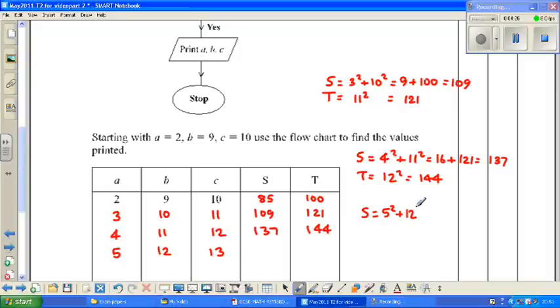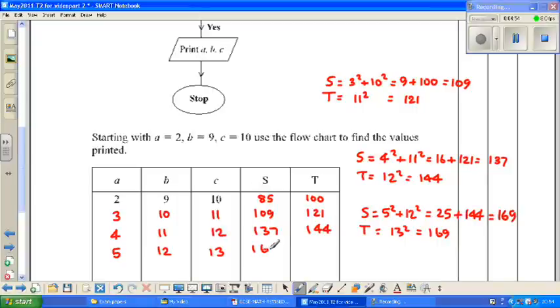Let's see what that works out to be. 25 is 5 squared, plus 144 is 12 squared, and when we add those together, we get 169. Then T is equal to C squared, which is 13 squared, and that's 169. You can do that in your calculator.